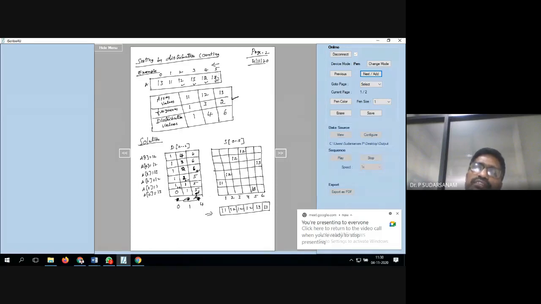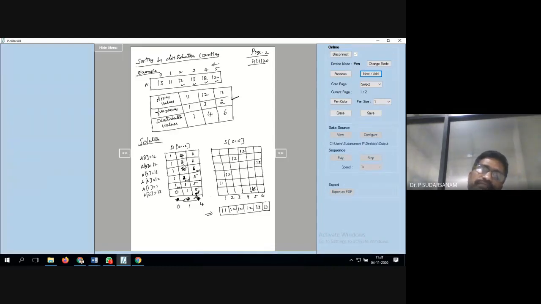So the first value is 12. For 12, the distribution is 4. So in the fourth location you place 12. Now, once you place this, the space cannot be used in the array locations. That is the reason you are decrementing by 1. 4 minus 1 is nothing but 3. Now, remaining values copy as they are here. So that is what they write. Even down, you can write it for the first iteration. I'll tell you.